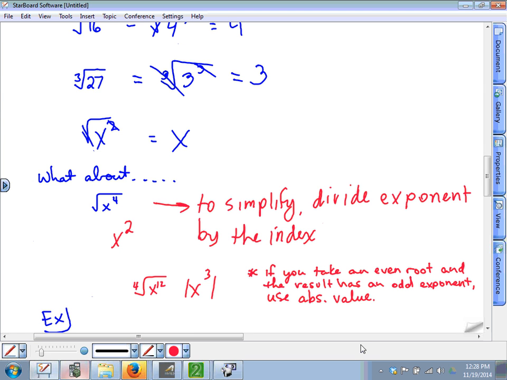This only applies if you're taking an even root and it comes out with an odd exponent. When does it apply? Even root, if it ends with an odd exponent. So what if I asked you to simplify the fourth root of x to the 16th?